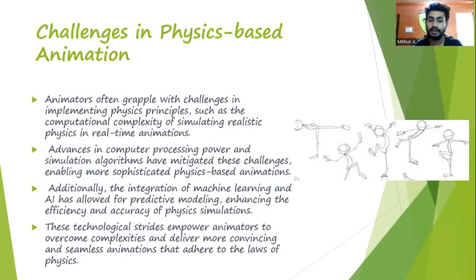Additionally, the integration of machine learning and AI has allowed for predictive modeling, enhancing the efficiency and accuracy of physics simulation. These technological strides empower animators to overcome complexities and deliver more convincing and seamless animations that adhere to the laws of physics.